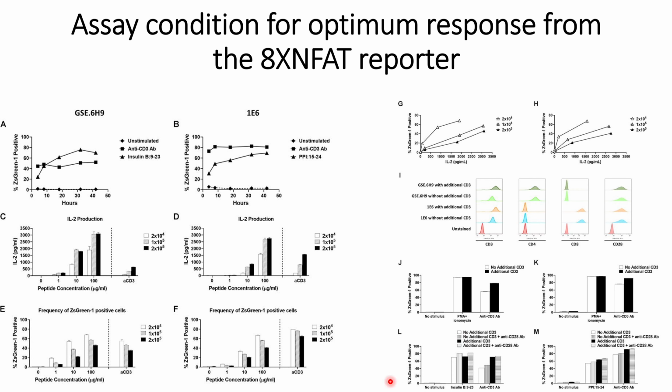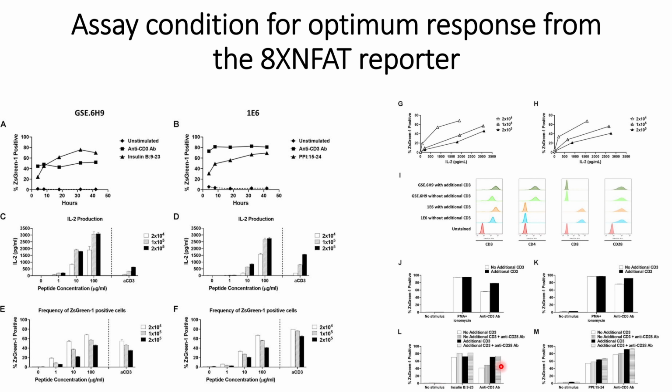And thereafter, since the CD28 is also expressed evenly, they checked the anti-CD28 antibodies, and they can see that when they use anti-CD28 antibodies to activate the T cells, they are able to see signals in the ZsGreen positive cells.